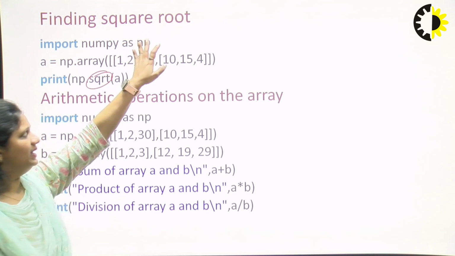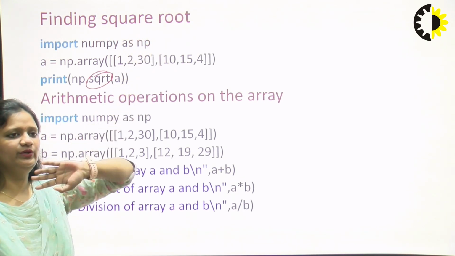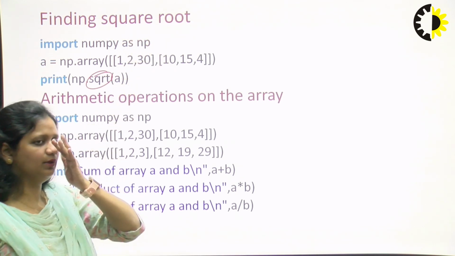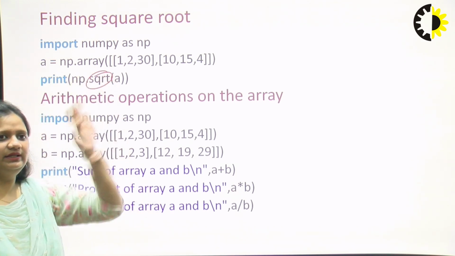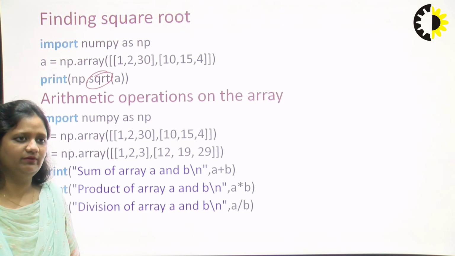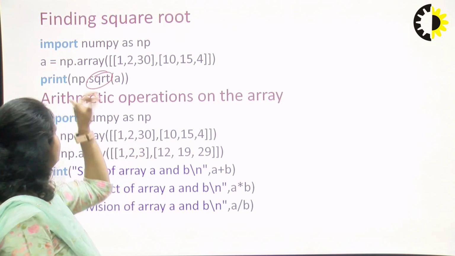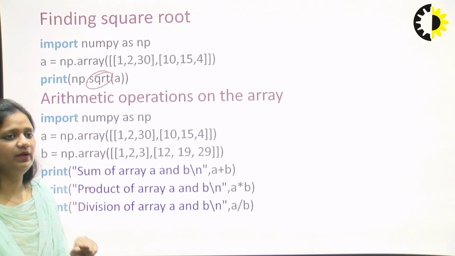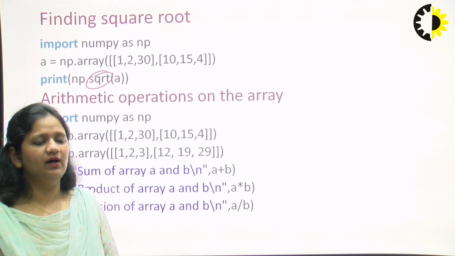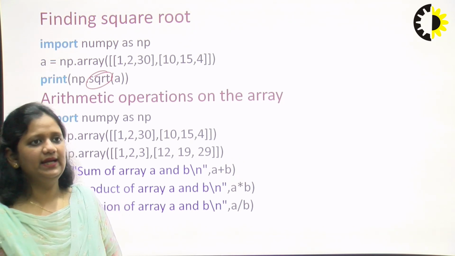First, as similar, we are going to import numpy as np because we are going to use the features of Numeric Python. After that, create an n-dimensional object, it could be 1 dimension, 2 dimension, or 3 dimension. Then print np.sqrt, because we have to find the square root of the matrix or array elements.